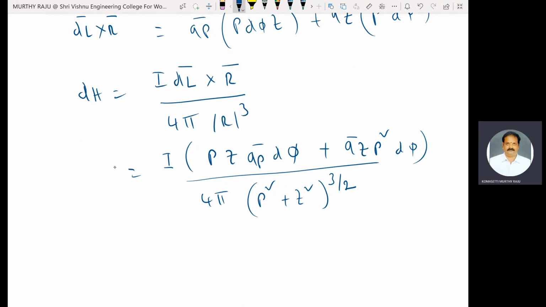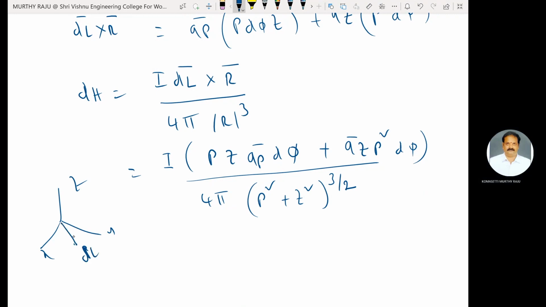In this case, this is the coordinate system x, y, and z. This is the point P here, point 1, a small current element of length dl, making an angle phi. Here minus rho a rho, and this one is a rho. The dH due to these, minus a rho and a rho, cancel each other.